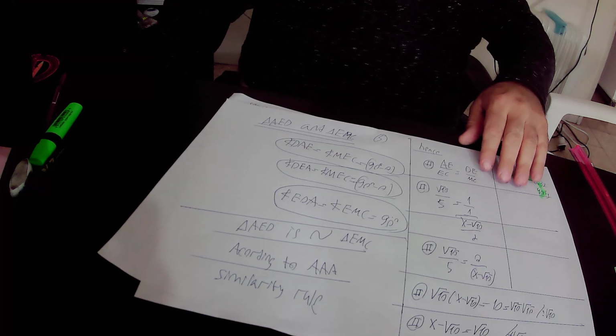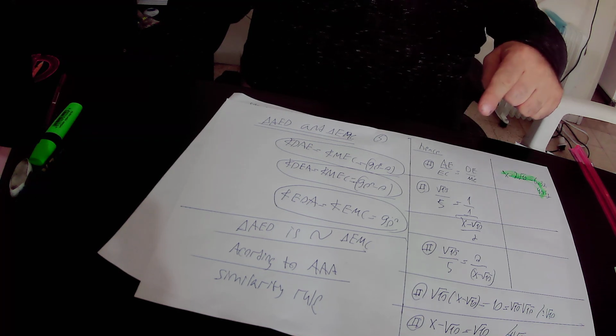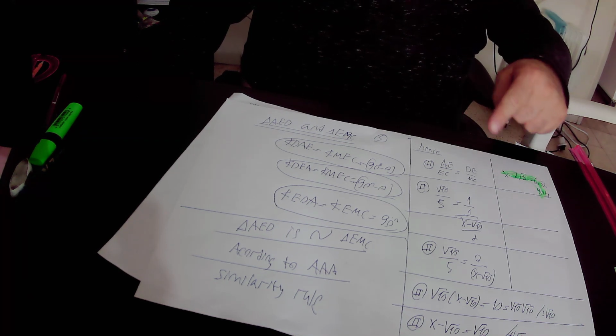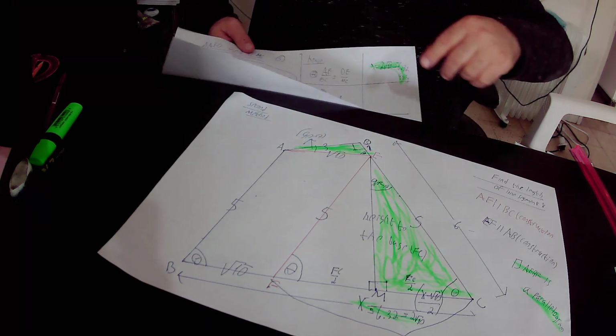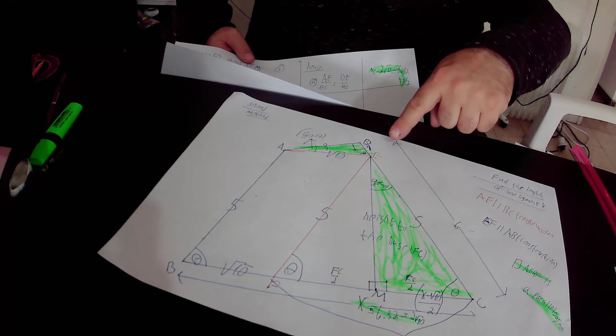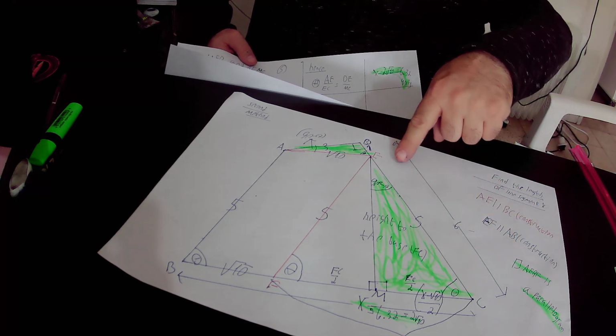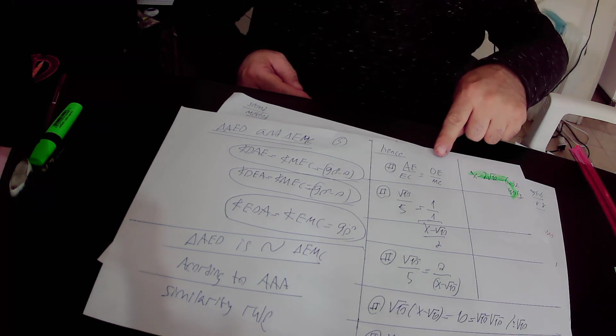And from the fact that those two right green triangles are similar to each other, we conclude that AE over EC equals DE over MC. Again, AE over EC equals DE over MC.